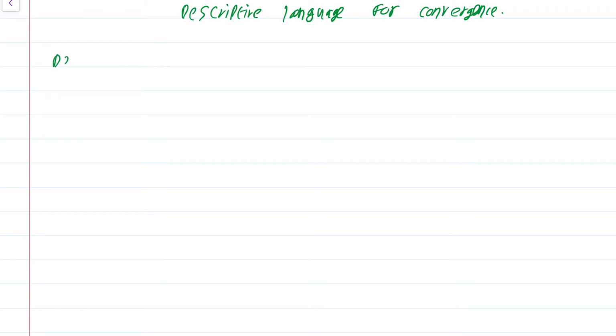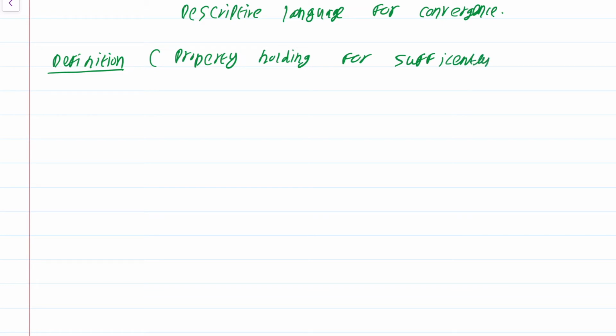Definition. This is the definition of property holding for sufficiently large n. So this is going to define what it means for something to be true for sufficiently large n. Let P of n be a property defined on the natural numbers.